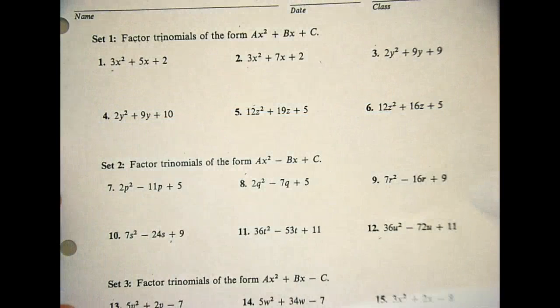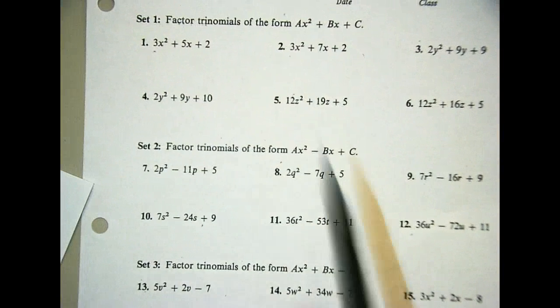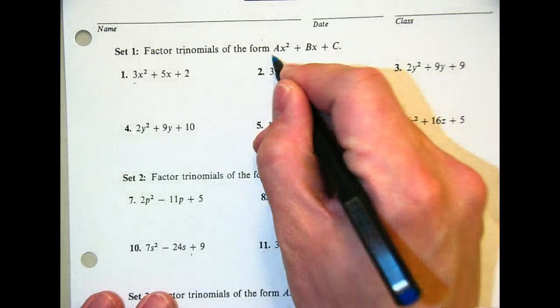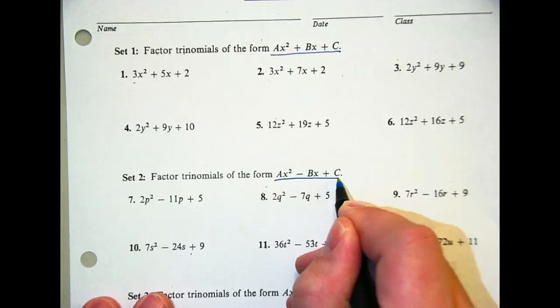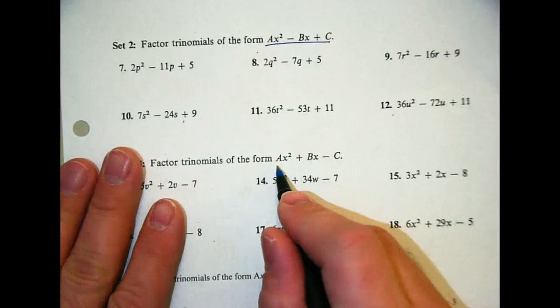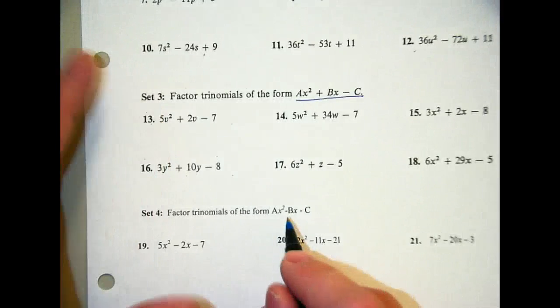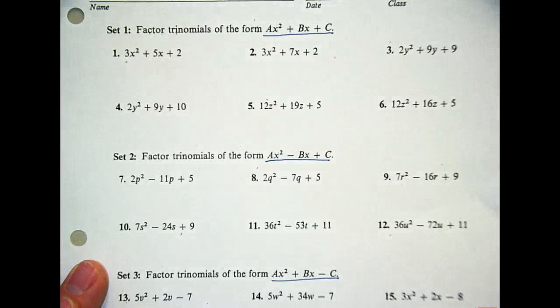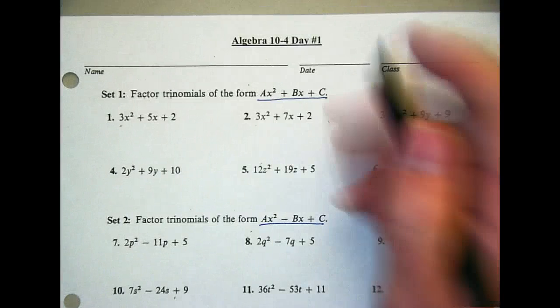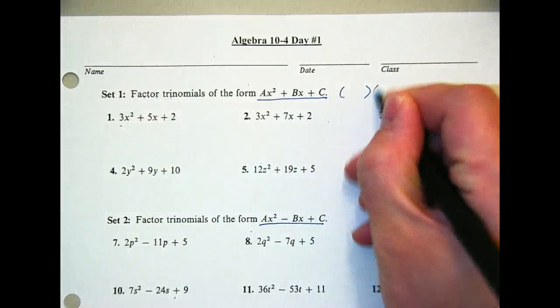Okay? All right. So you'll notice set 1 here says factor the trinomial in this form. Set 2 says factor these trinomials in this form. Set 3, factor those that are in this form. And set 4, factor these that are in that form. You should be able to look at these 4 forms and know what parentheses you're going to use.